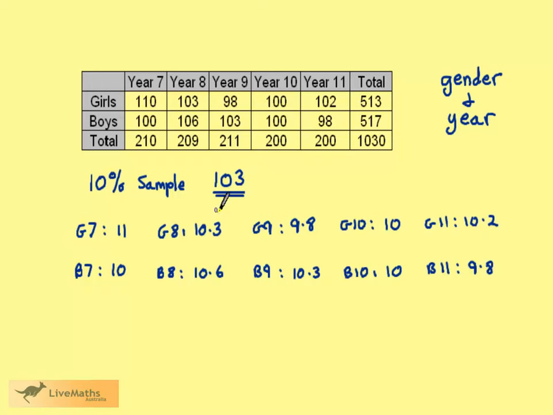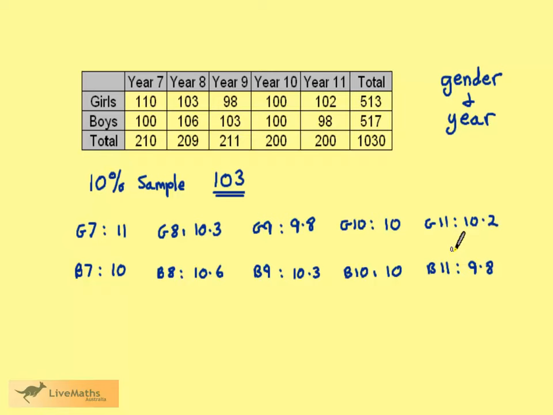We need to get a sample of 103, and we can't have 0.3 of a girl. We need to do some rounding, but the rounding is not always an exact science with these things. If we rounded all of the things that need rounding to the closest whole number, we'd find our sample would be the wrong size.